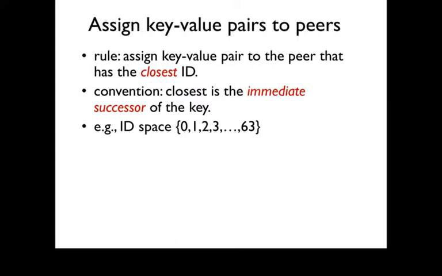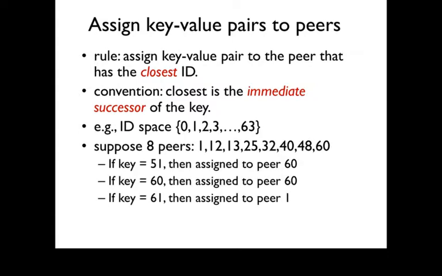Okay, so as an example, let's say that you have an ID space going from 0 to 63, right? And imagine that you have 8 peers whose IP addresses happen to map to 1, 12, 13, 25, 32, 40, 48, and 60, okay? Because you only have eight peers.